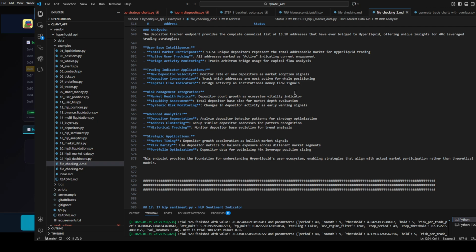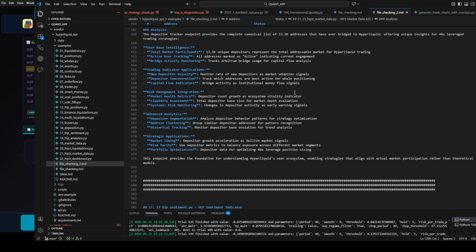Advanced analytics: depositor segmentation, analyze depositor behavior patterns for strategy optimization; address clustering, group similar depositor addresses for pattern recognition.